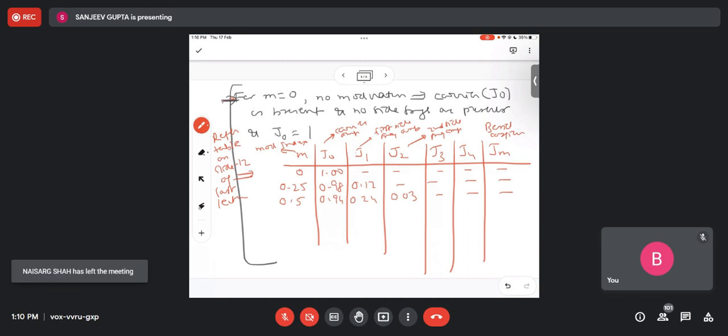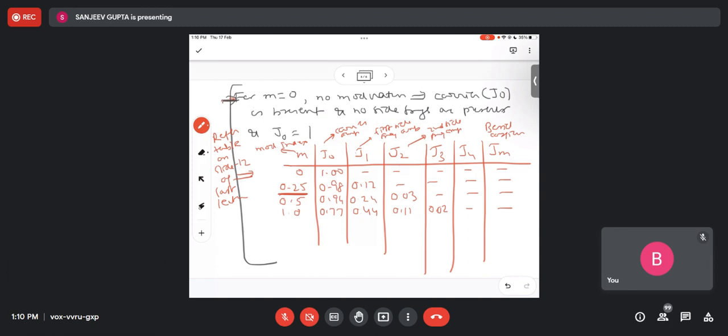Then we have 1.0. I'll put in some more values: 0.77, 0.44, 0.11, 0.02, and nothing will be here. Last time this was not there, so I just put it here. There is a reason for that.